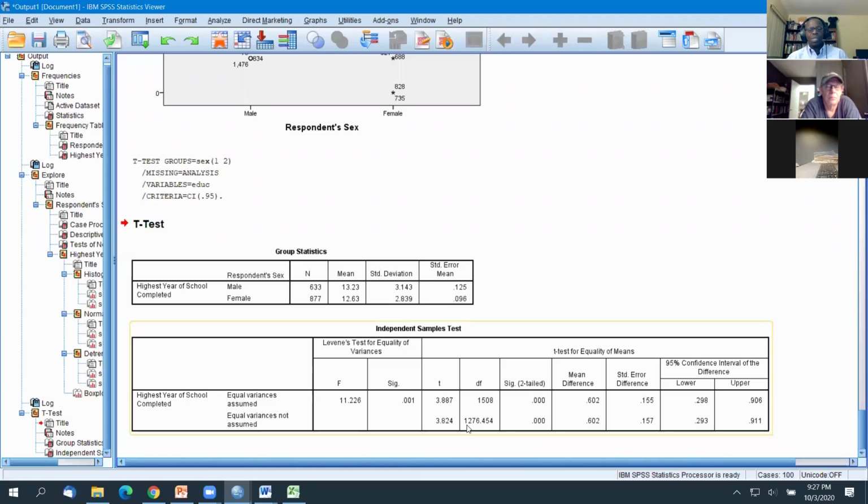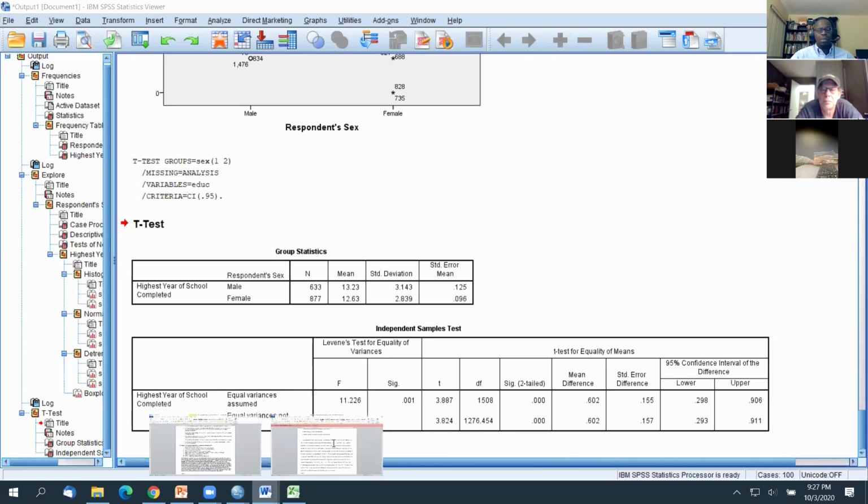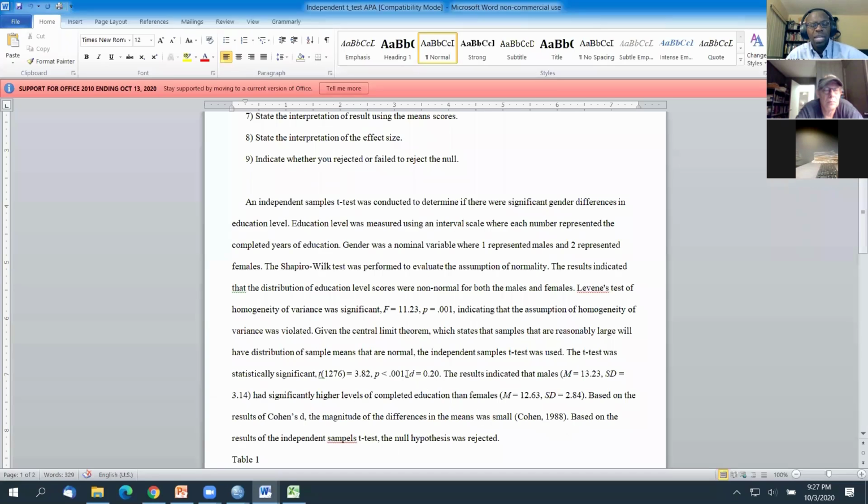So our degrees of freedom was 1276, and our p-value was p less than 0.001. Whenever you see this p, this 000, that means you write it as p is less than 0.001, like I've done here. Okay? Just like I've done here. And then we've got Cohen's d, and it was 0.20, right?